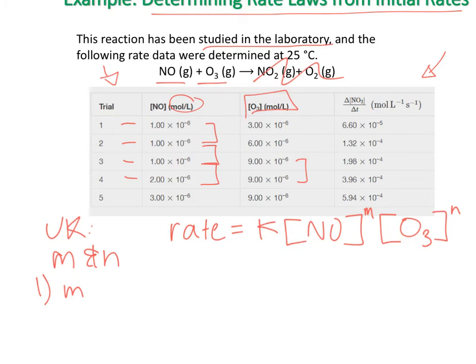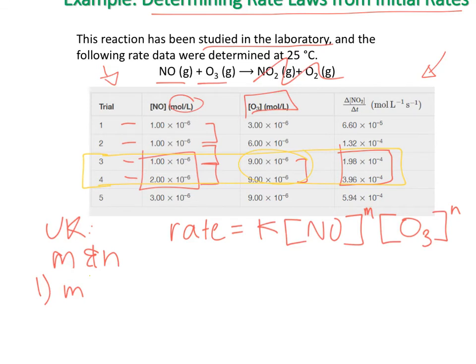So what you're going to do is divide both of these out and compare them. So let's go ahead and do that. I'm going to take all the information from trials 3 and 4. That's what we're focusing on, okay? You don't have to worry about O3 in this case. We're just looking at NO, right?